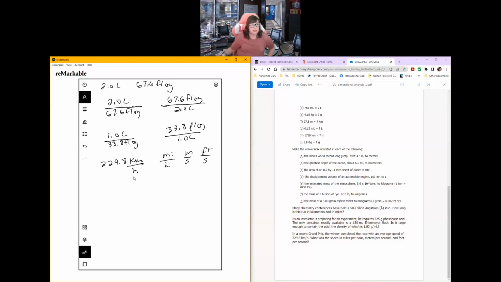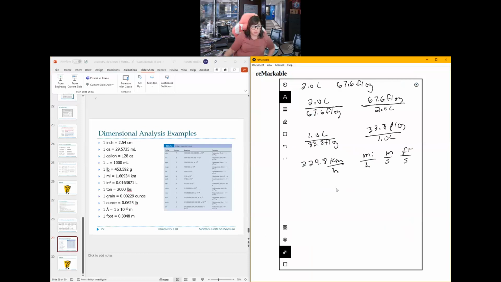Okay, awesome. Now that I've written a few things down, let me look at some of the conversion factors that I was given. What do I see? Well, I see that 1 mile is 1.60934 kilometers. Okay. So I can go from kilometers to miles. That's awesome.